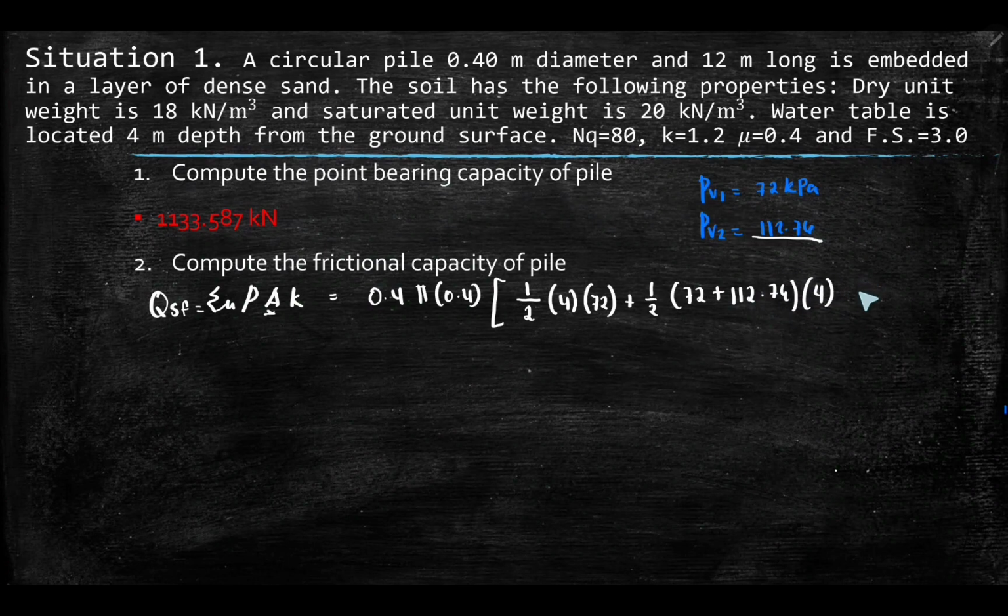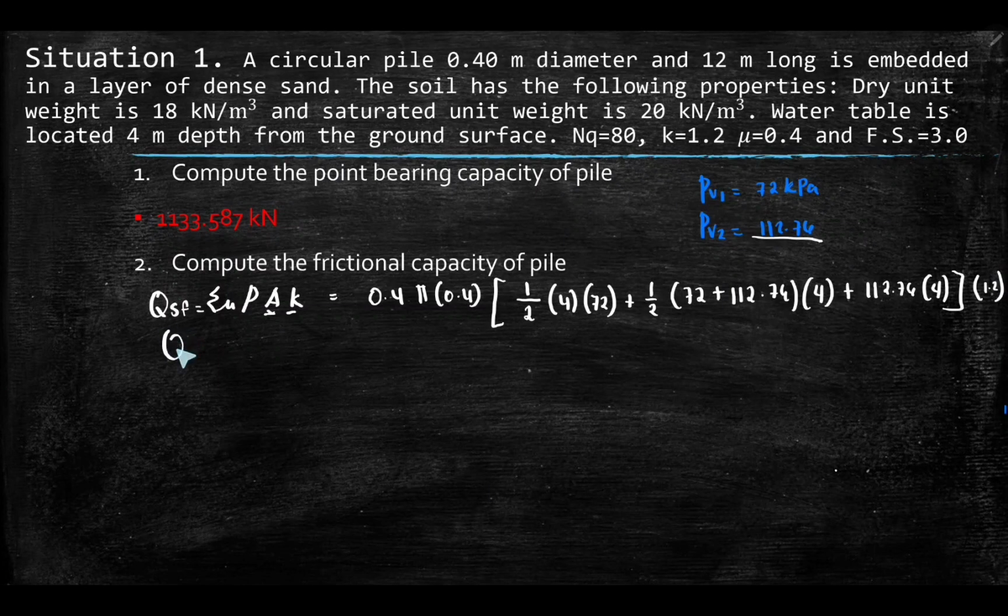Next, at the end, we have a uniform load, a rectangle, so base times height: 112.76 times 4. Okay, we forgot the K. Our K is given, which is 1.2.